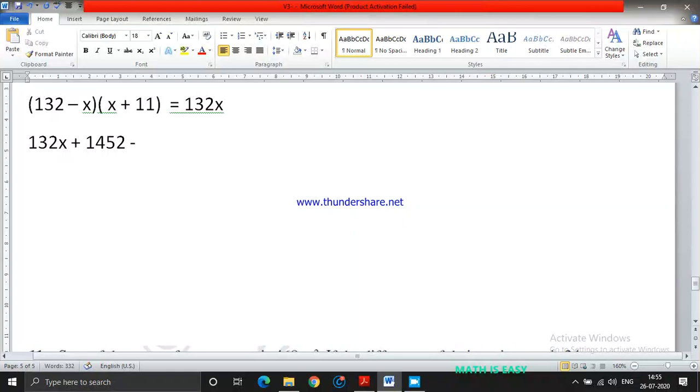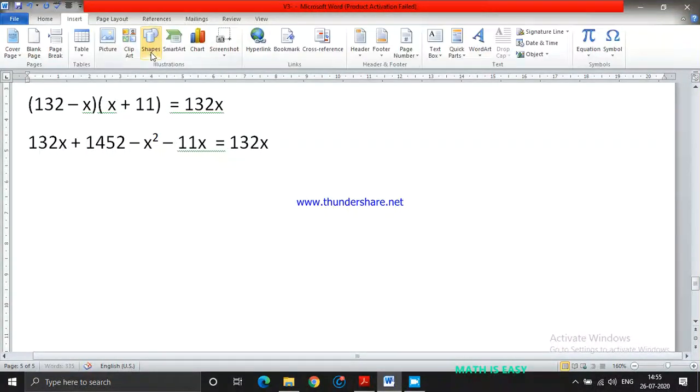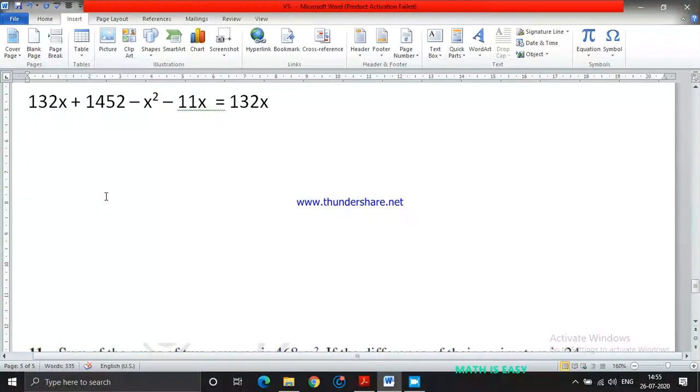Then minus x into x is x square, minus 11x equals 132x. In both cases, 132x will get cancelled, so you're left with plus 1452 is equal to 0.